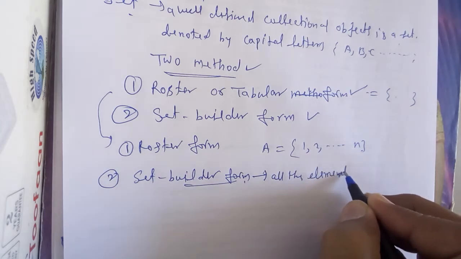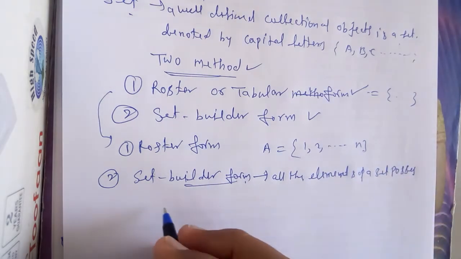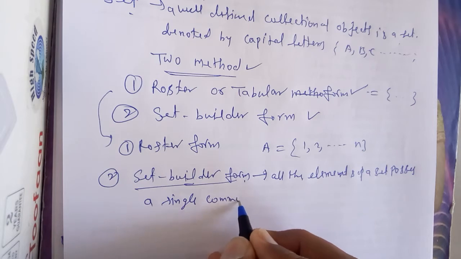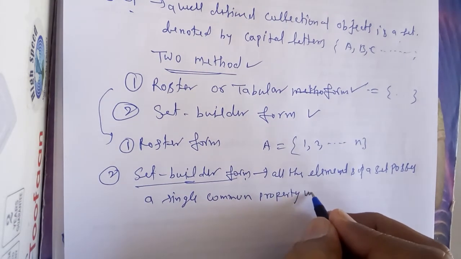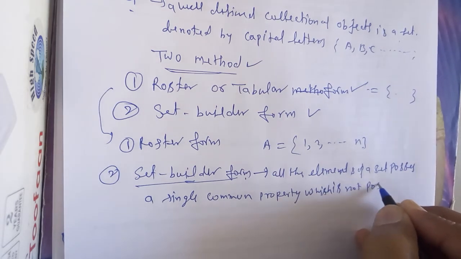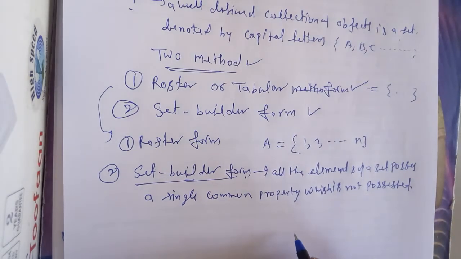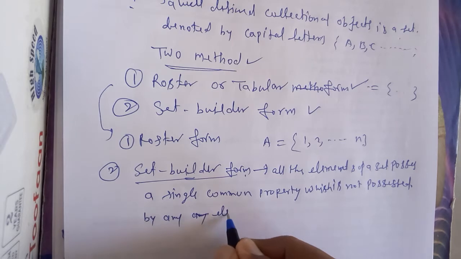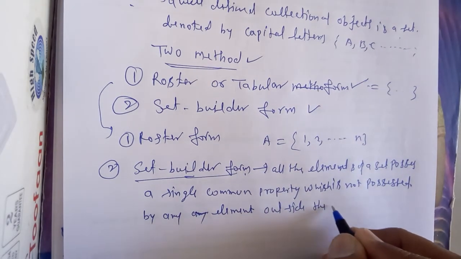This is the definition: all the elements of a set possess a single common property which is not possessed by any element outside the set.